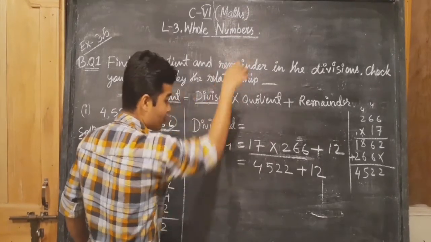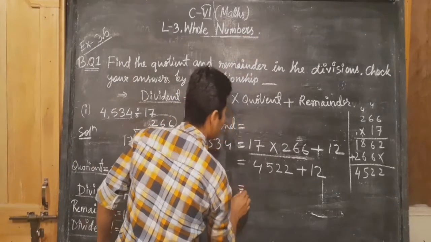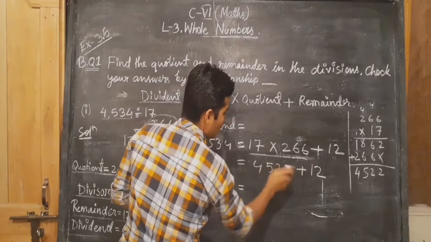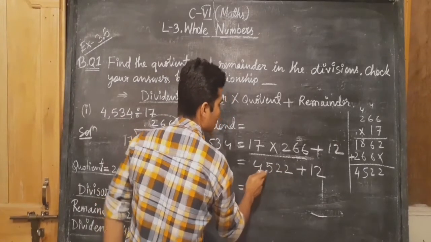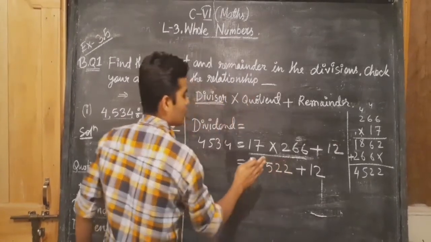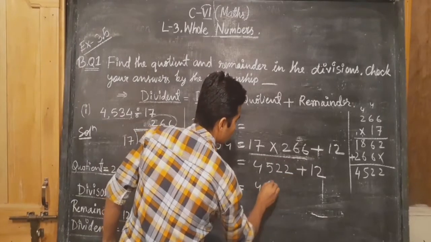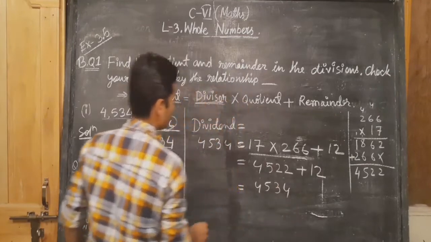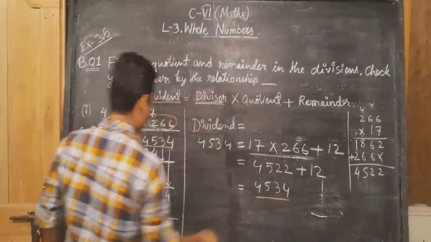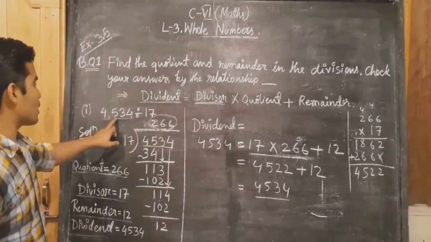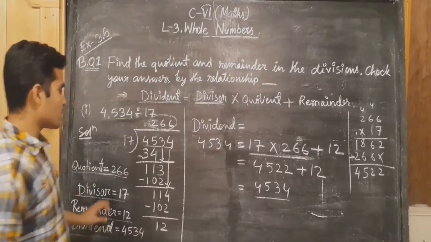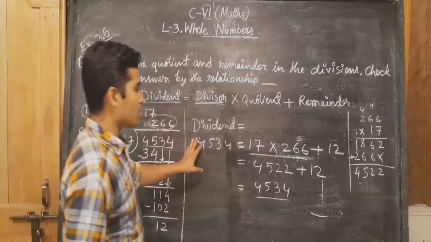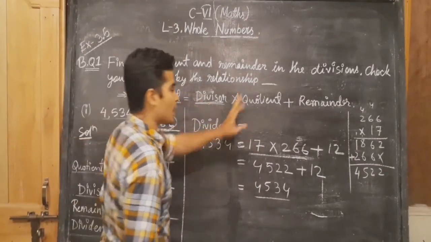Let us see if we will get the dividend or not. If we add 12 with 4522, then we will get 4534. So you can see what was our dividend. Our dividend was 4534. So now it is clear that after dividing, we can check our answer by using this division algorithm.